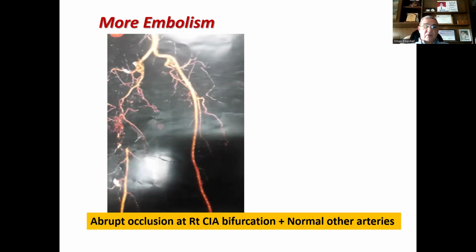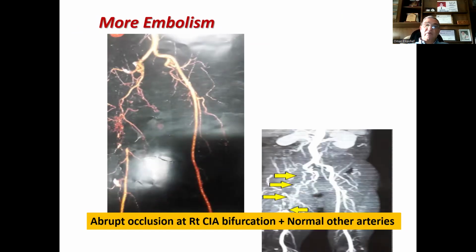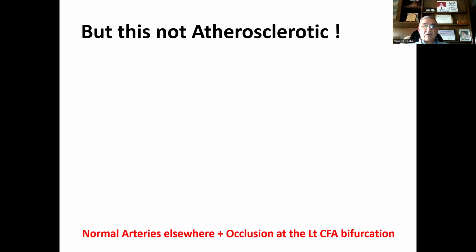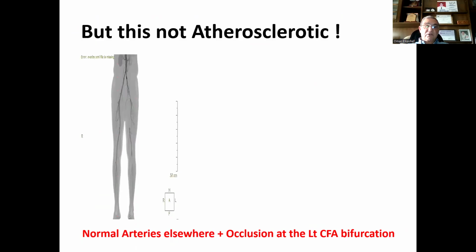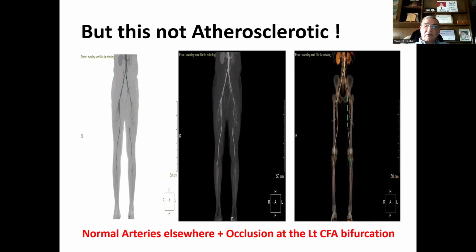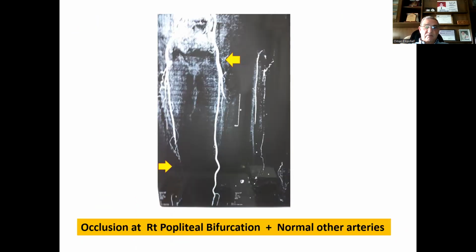More embolism: abrupt occlusion at the right common iliac bifurcation, normal other arteries as seen in these films. But this is not atherosclerotic by any means if we apply the previous rule: normal proximal arteries, abrupt occlusion, and normal or occluded distal arteries according to the phase of the embolism.